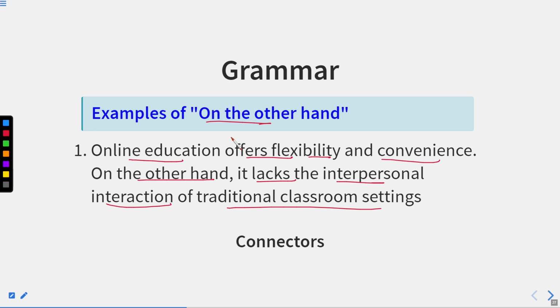If future children don't go to school and just take online classes from home, it will be convenient and save a lot of time, but there is something lacking that they will miss from traditional classrooms. So these are pros and cons of our schooling and technology.